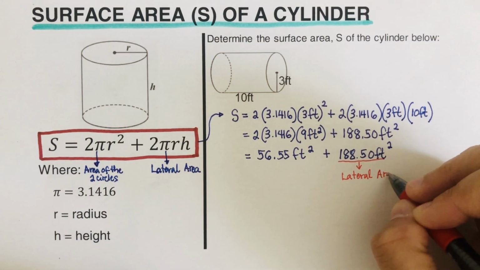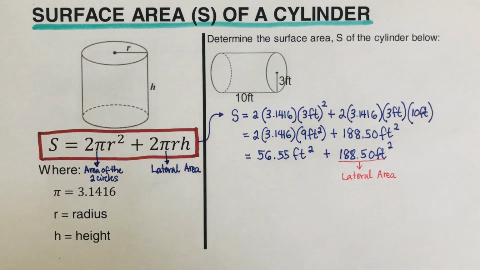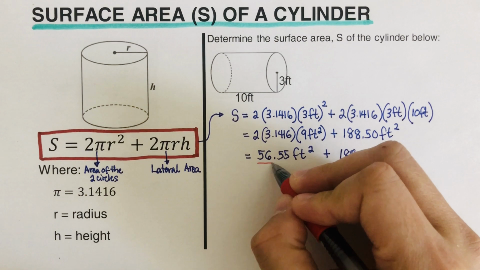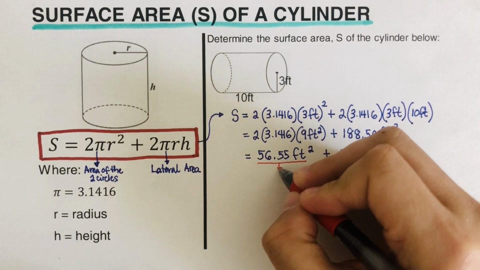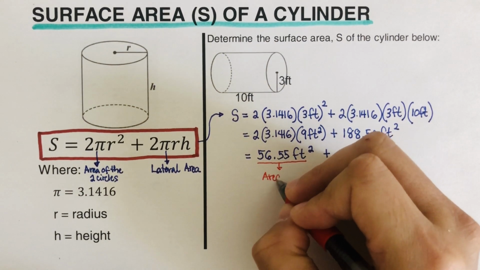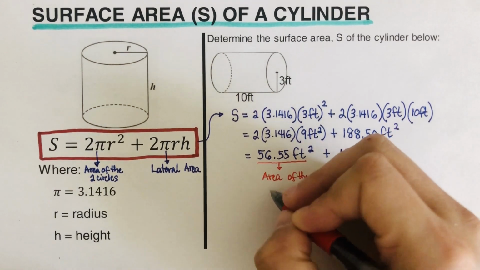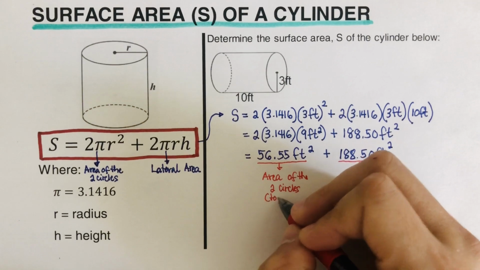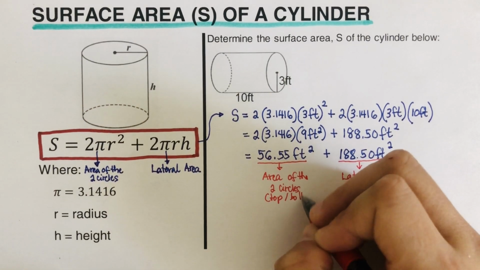This is the area of the side of this cylinder that does not include the top and the bottom. And then this one right here is the area of the two circles, the one on top and the one at the bottom.